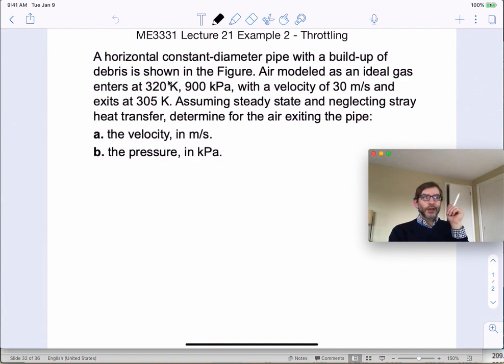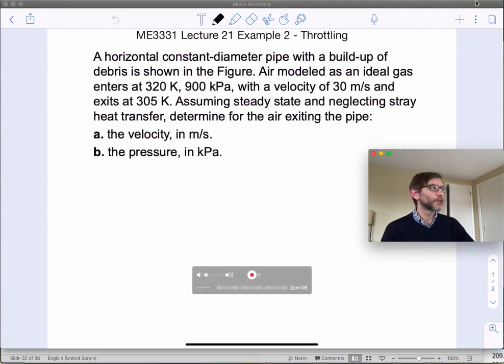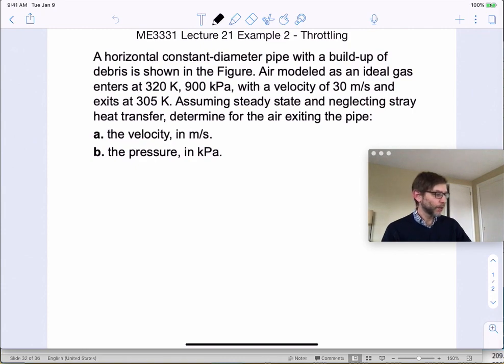Air, modeled as an ideal gas, enters at 320 K and 900 kPa with a velocity of 30 meters per second and exits at 305 K. Assuming steady state and neglecting stray heat transfer, determine for the air exiting the pipe the velocity and the pressure. No problem. We can take care of this problem.